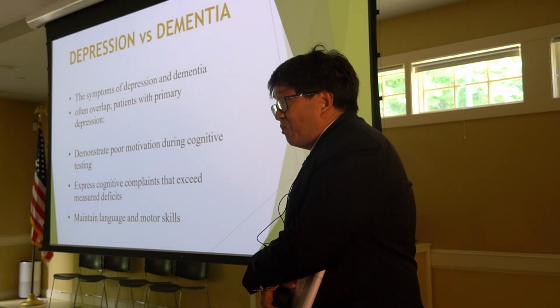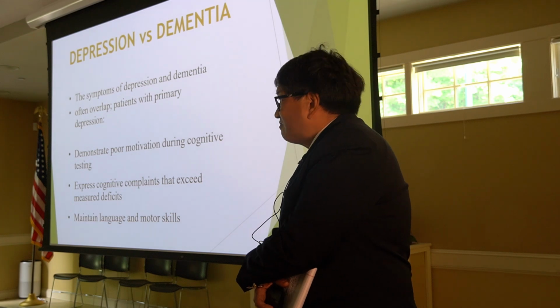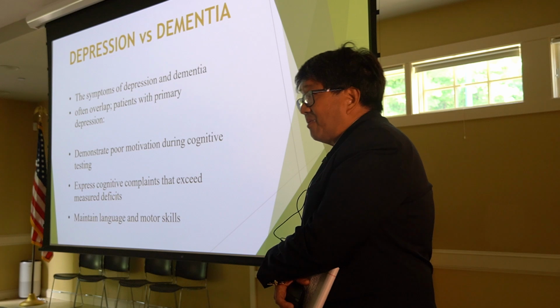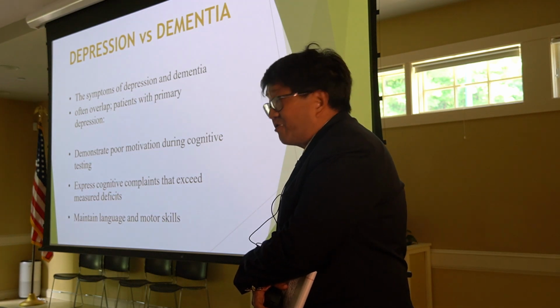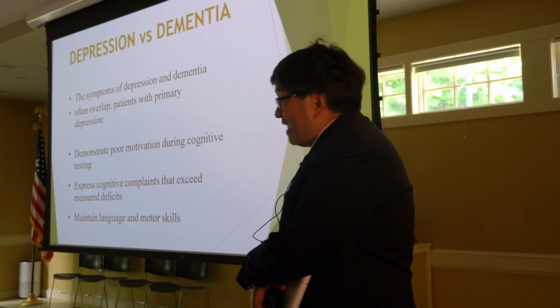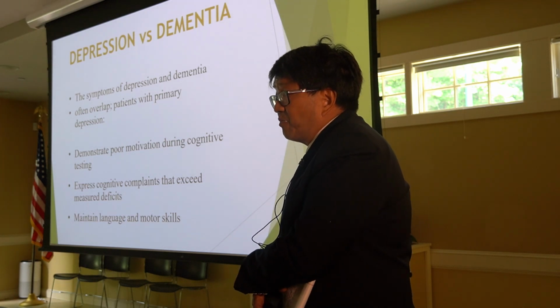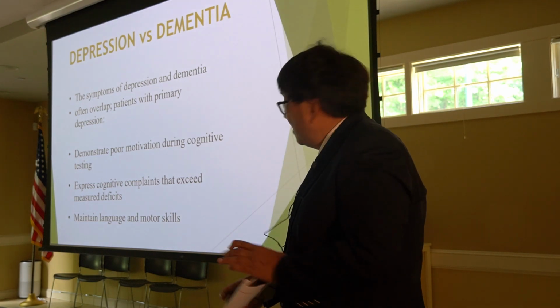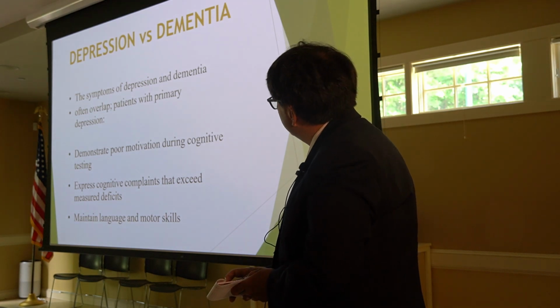But when you evaluate them, they sort of don't perform to their best ability when you examine them, and they don't cooperate with your testing. And you find that they're depressed, and I send them to a psychiatrist, they get put on medicines, and they wind up doing much better.